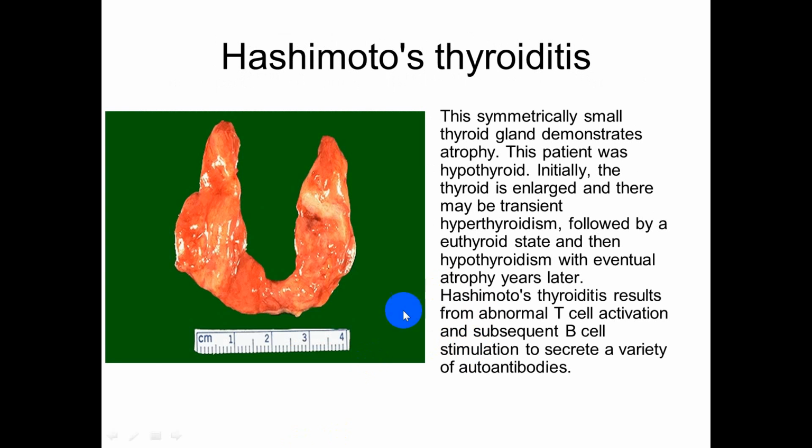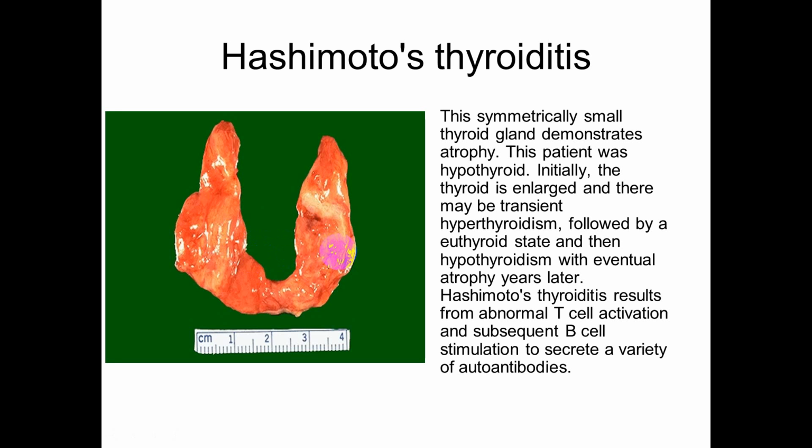These are the macroscopic signs of Hashimoto's thyroiditis. This symmetrically small thyroid gland demonstrates atrophy. This patient was hypothyroid. Initially, the thyroid is enlarged, and there may be transient hyperthyroidism, followed by a euthyroid state, and then hypothyroidism with eventual atrophy later.